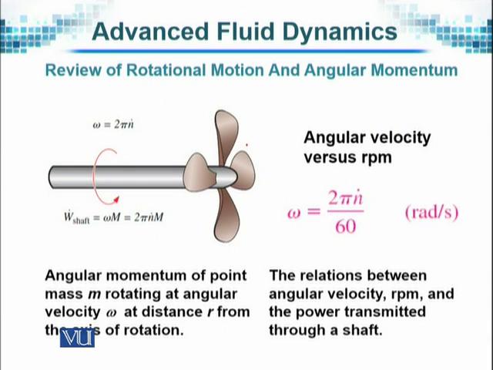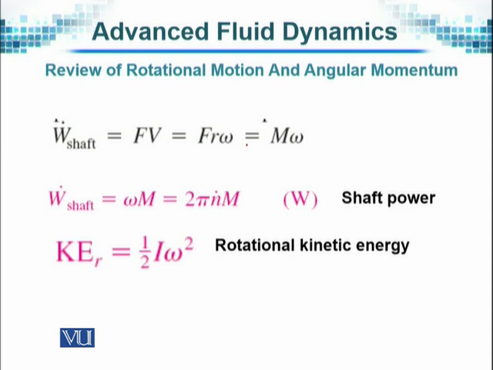And the same thing, angular velocity versus RPM, that is rotations per minute. Essentially, the angular velocity is related to linear velocity. These are standard terminology that we consider from time to time.